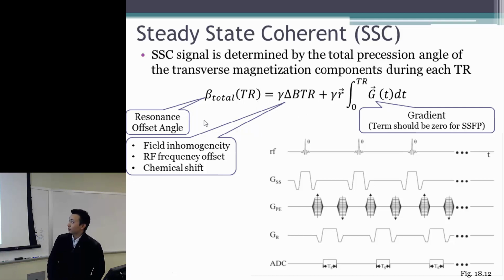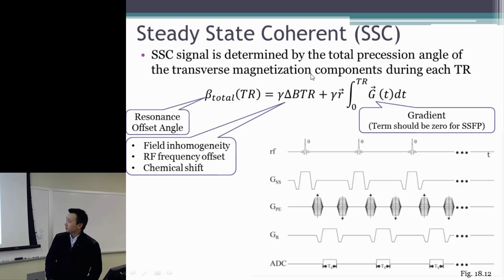And also, if we apply gradients, we need to apply gradients to enable readout, phase encoding, and partition encoding to do the actual imaging. So when we are applying the gradients, it will also create a certain kind of controlled field inhomogeneity. So this would also contribute to this resonance offset angle.